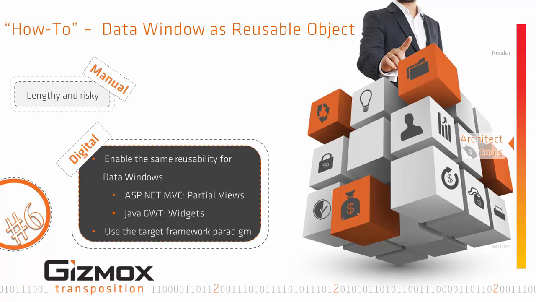The data windows all become the standard reusable object in ASP.NET MVC, the partial view, and those can be incorporated in more than one window view. So if a data window has been reused in the PowerBuilder legacy application, there's no problem at all to use the partial view that we created from the data window on more than one target view in the migrated application.